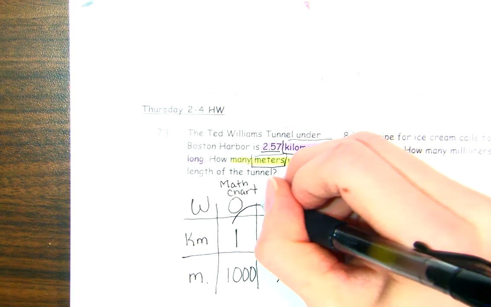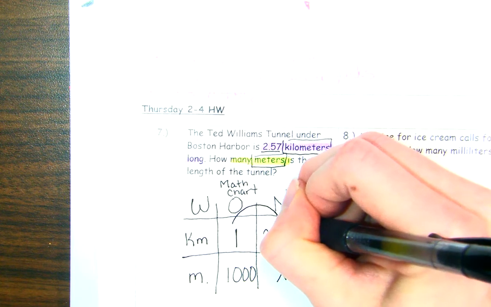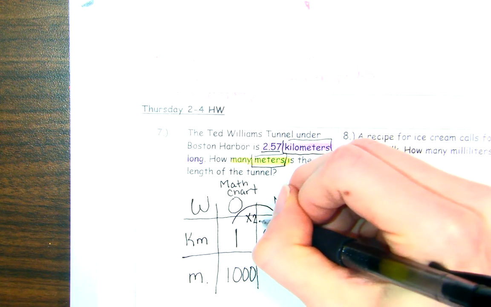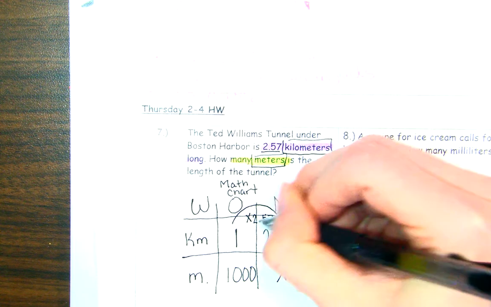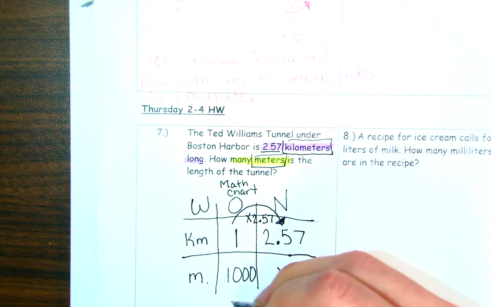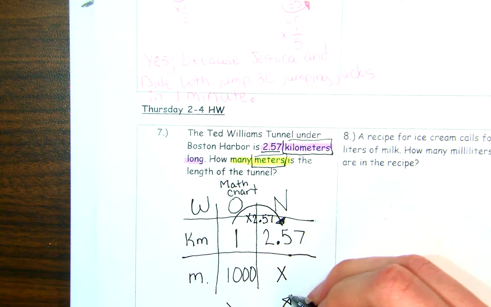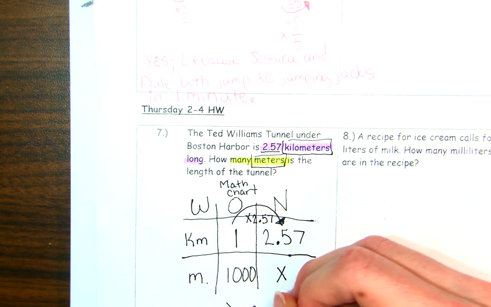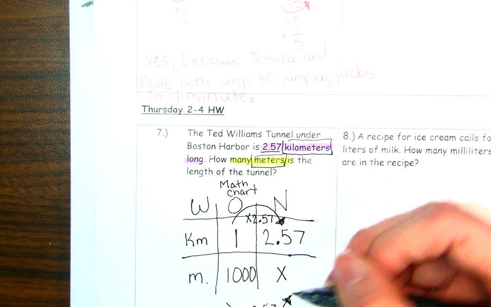We could see that 1 times 2 and 5,700 is 2 and 5,700. So I would do the same thing here, times 2 and 5,700.